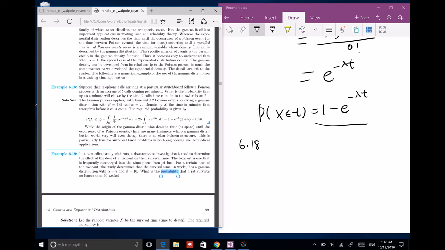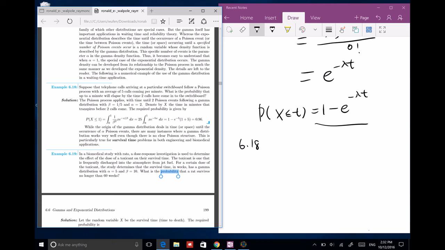What is the probability that up to a minute will have elapsed by the time 2 calls have come into the switchboard? The Poisson process applies, with time until 2 Poisson events following a gamma distribution. So this is a gamma distribution, beta equals 1/5, alpha equals 2. Then denote by x the time in minutes that transpires before 2 calls come.